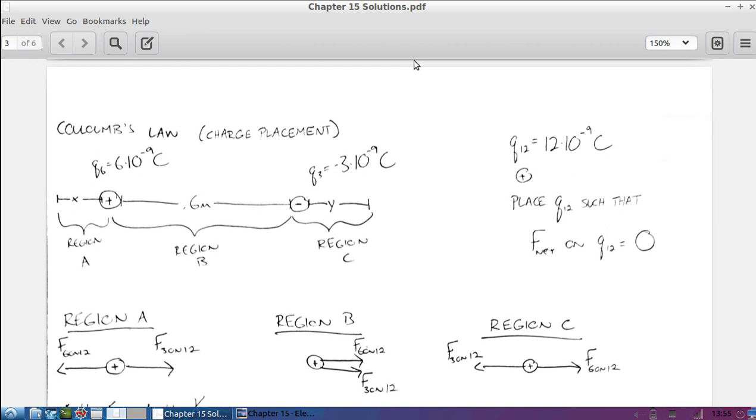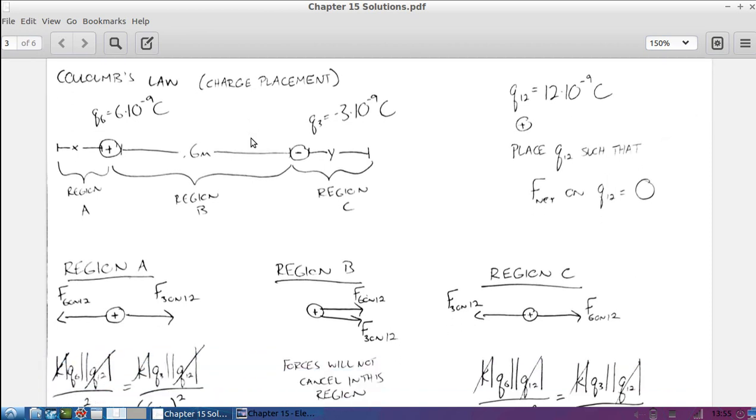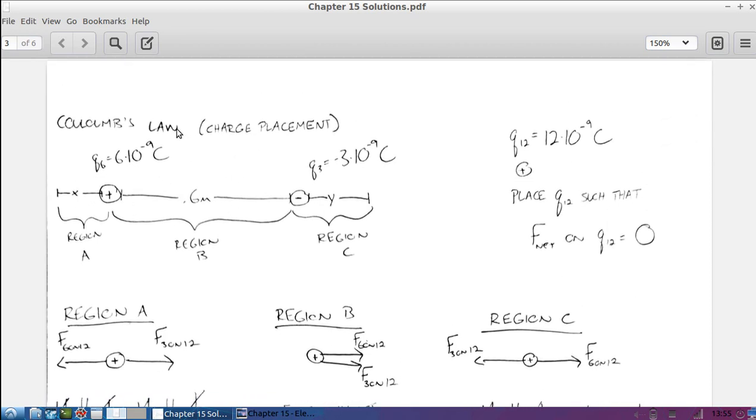So I want to find where I can put a 12 nanocoulomb charge in this region so that the net force on it is 0. I'm going to treat this as a one-dimensional problem. Let's say all 3 of these charges are fixed on some horizontal axis. I'll put the positive charge over here, and I'll put the negative charge over here.